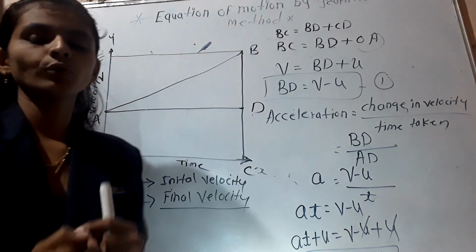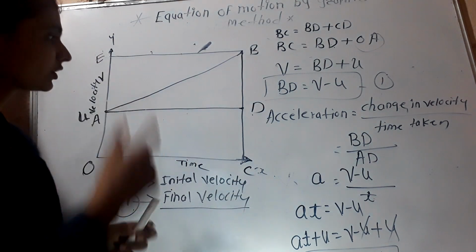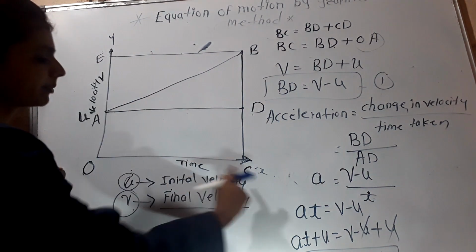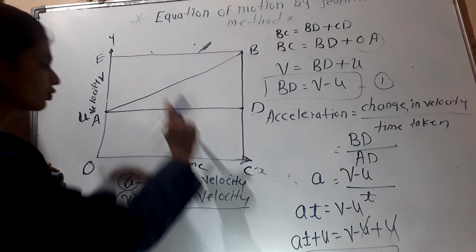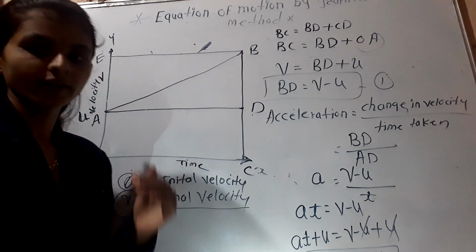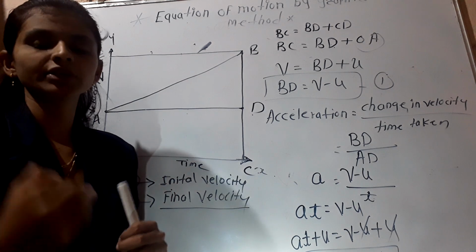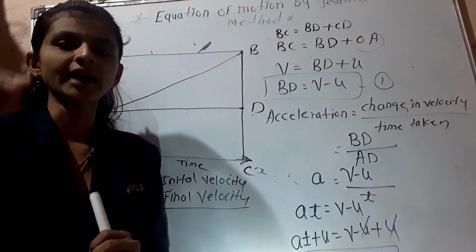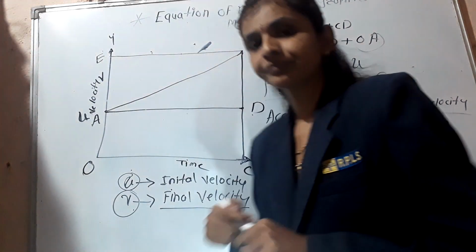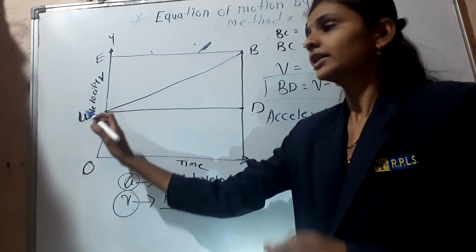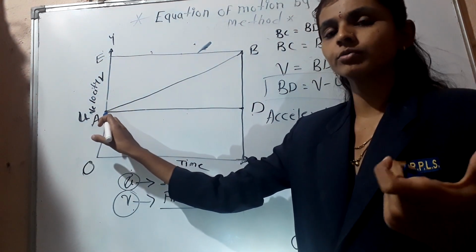Once again I am going to revise the same part. Here you just see, first along with the x axis we draw time, then along with the y axis velocity is there. Then the initial point, from where you start to observe the movement of the object.